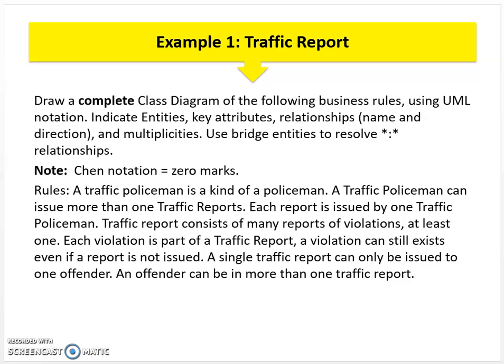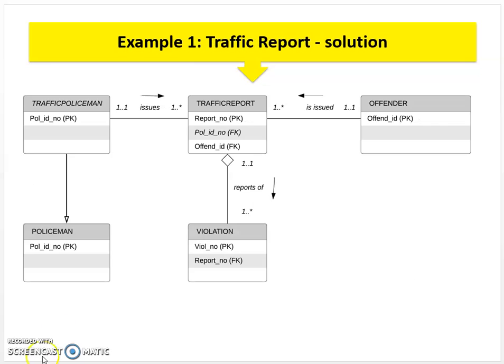A single traffic report can only be issued to one offender, and an offender can be in more than one traffic report. So if we are following all those steps to draw a complete class diagram, we have a traffic policeman who is a kind of policeman. A policeman then becomes a parent, and a traffic policeman becomes a child.